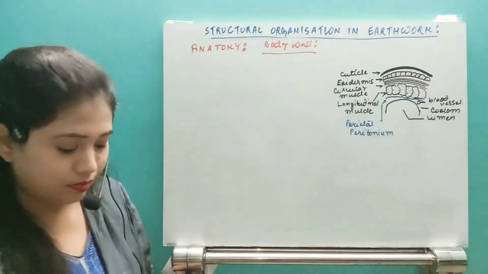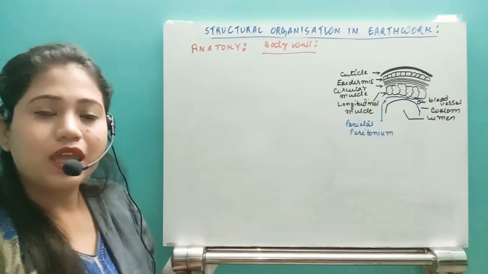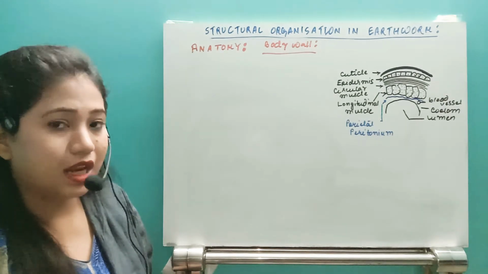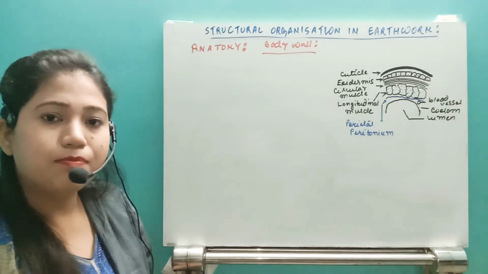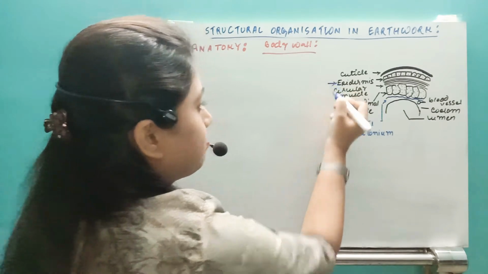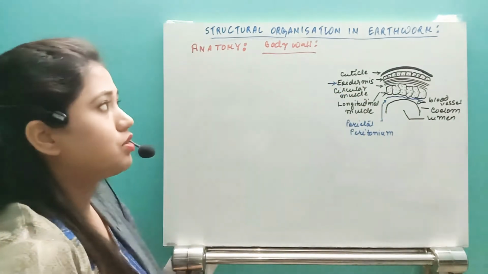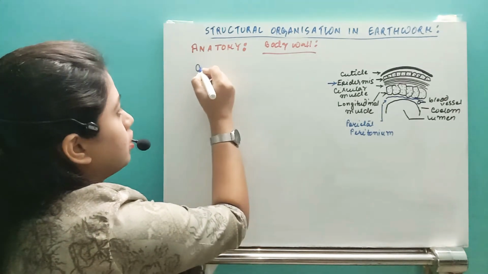Okay, remember in case of this organism, the body wall is made up of how many layers? First of all, they have a very important cell layer. And what is the cell layer? That is the epidermis layer, right? So this body wall will consist of the cuticle.